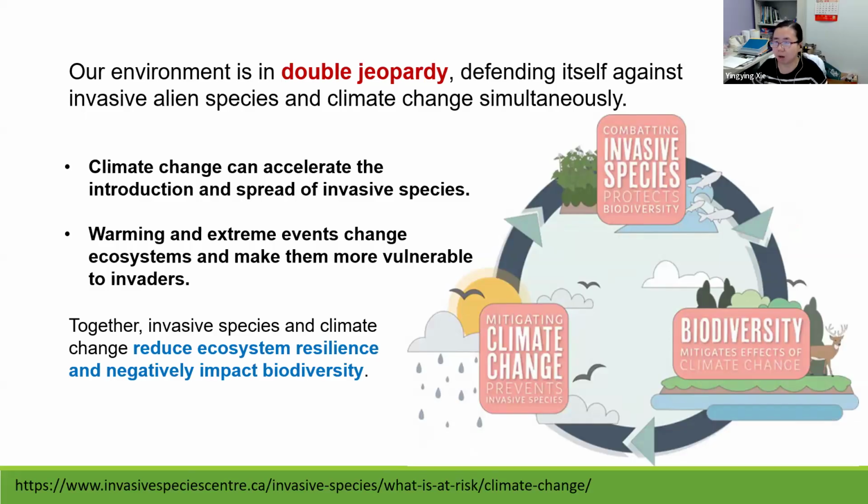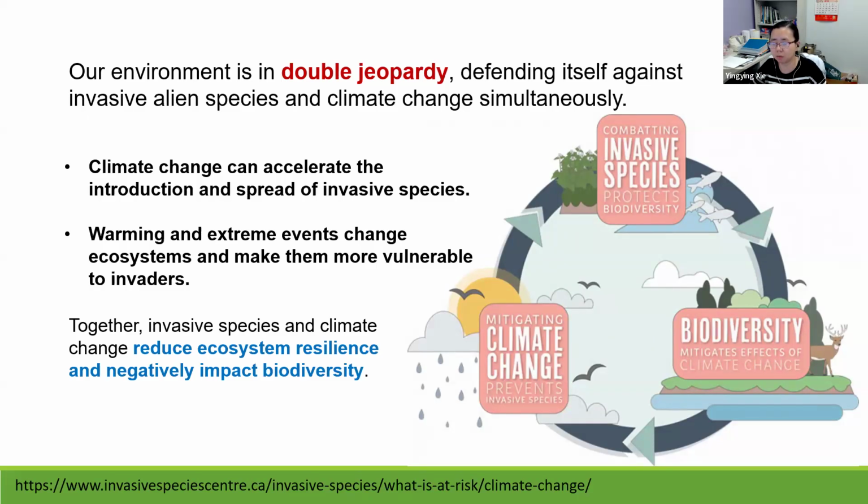But it's not just about biological invasion itself. Currently our environment is in double jeopardy, which means we're under stress from invasive species, but we're also under climate change. We experience dramatic climate change. The problem is there are studies showing that climate change can accelerate the introduction and spread of invasive species. And with warming and extreme events, it can also change ecosystems and make them more vulnerable to invasion.